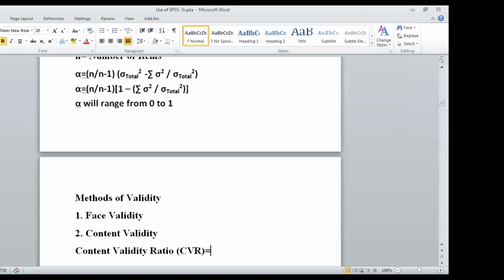The formula for computing CVR is: the number of experts who have said that the item is essential, NE, minus N divided by 2, and this whole divided by N divided by 2.